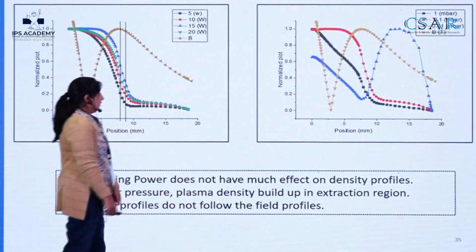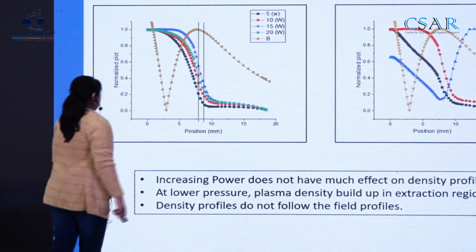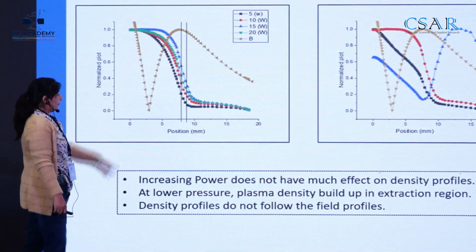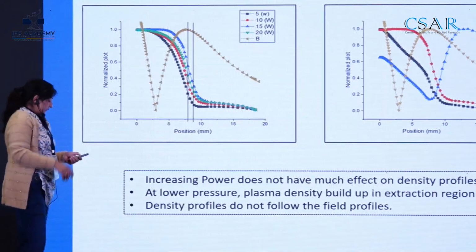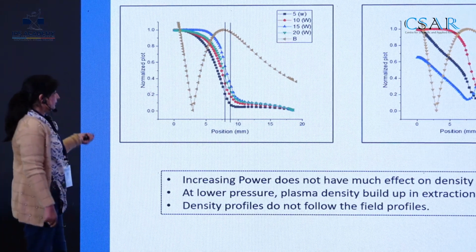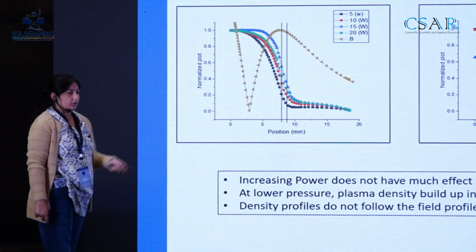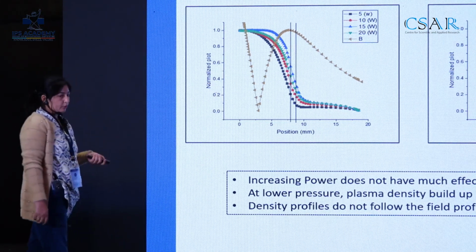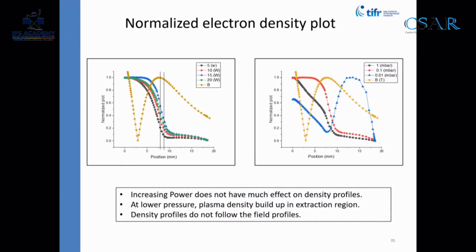So they are behaving independently. Same for the earlier case when I had the power measurement. So the plasma is not following the magnetic field for sure, but we need to do more parametric optimization of power and pressure to get some conclusive behavior there.